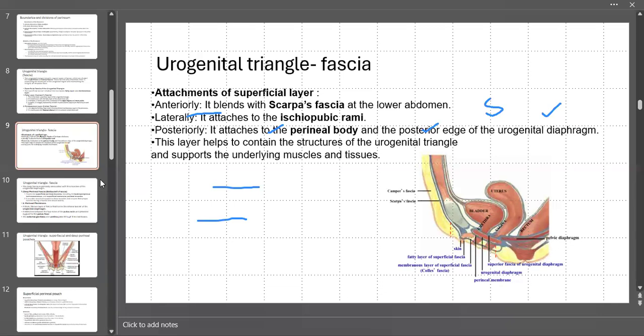I'm drawing this line. Forget about Scarpa's and Camper's now. Now we have to think where deep fascia is. Okay, this is your deep fascia. It is contributing by making structures. It is giving you perineal membrane this way, this way. Okay.